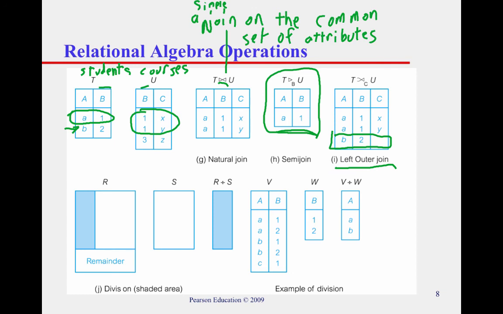Okay? Division is the one that I always have the hardest time getting my head around. So let's just start with an example from, say, numbers. Let's say that I want all the numbers that are evenly divisible by 24.